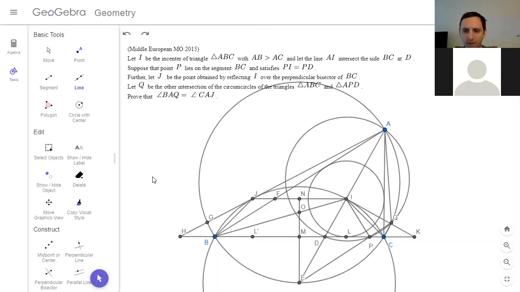Do you want to go back to the other problem, or do you want to stick with this? I think we can do this. All right, let's do it. Let's see. All right, BAQ.